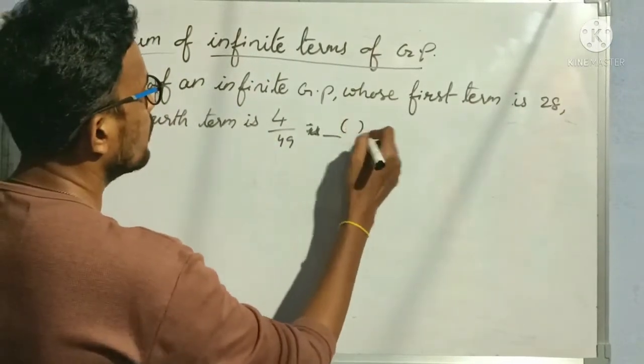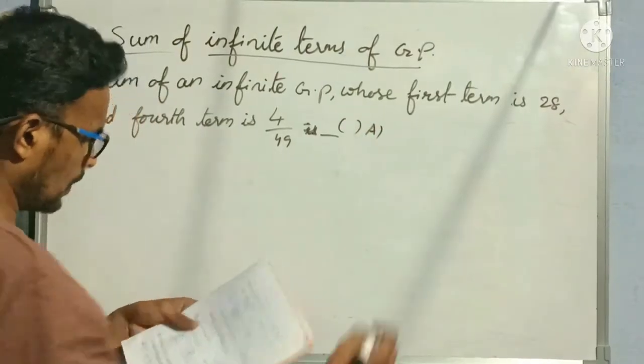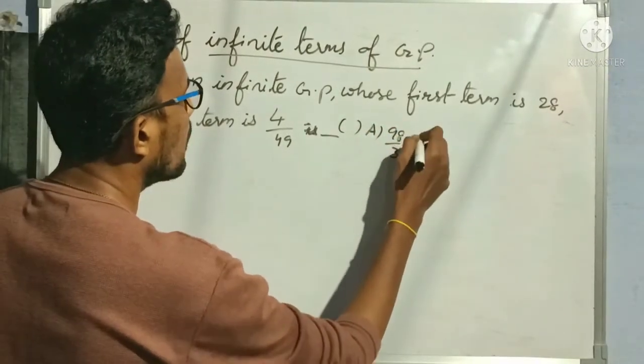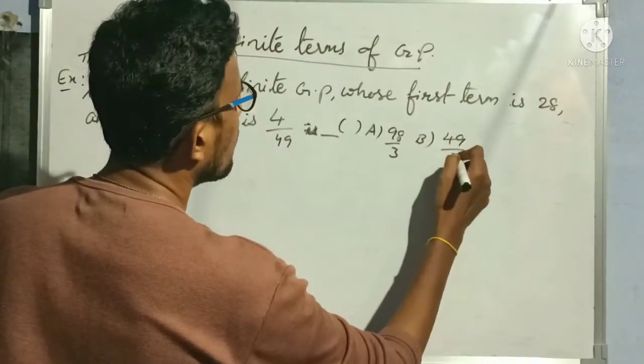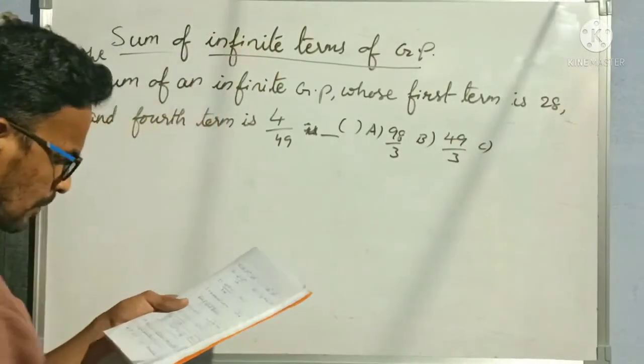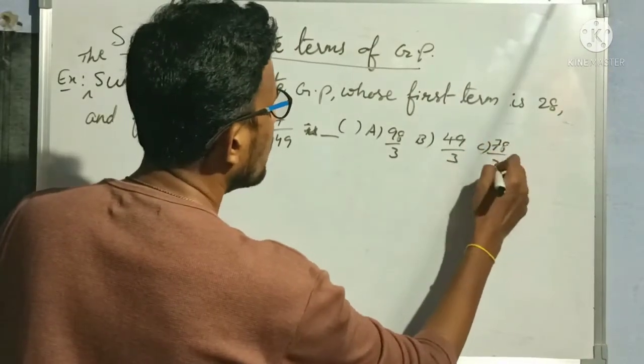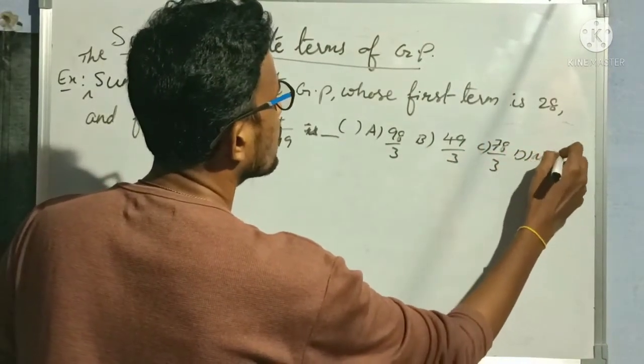Your options: option A 98 by 3, option B 49 by 3, option C 78 by 3, option D none of these.